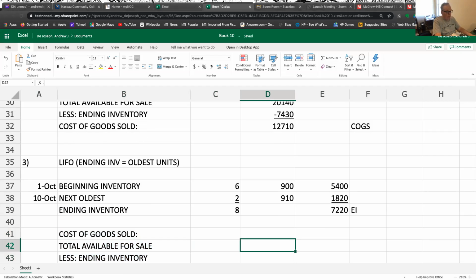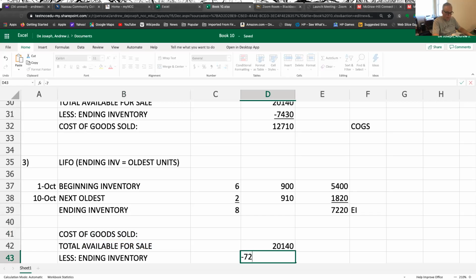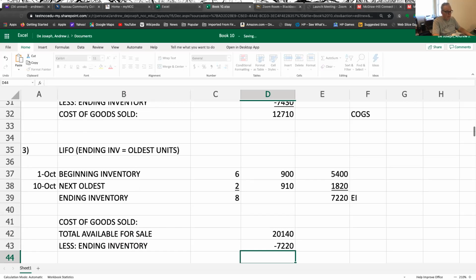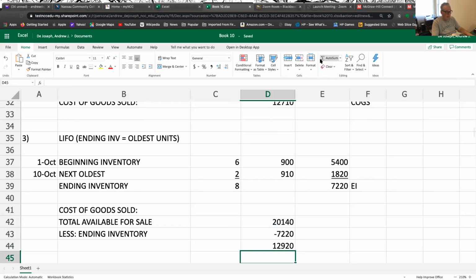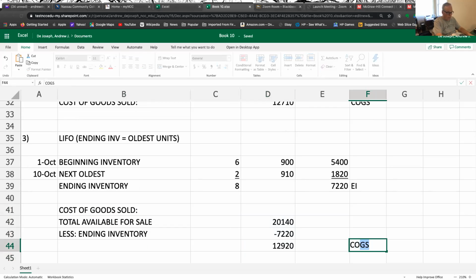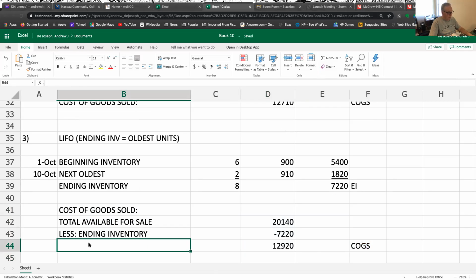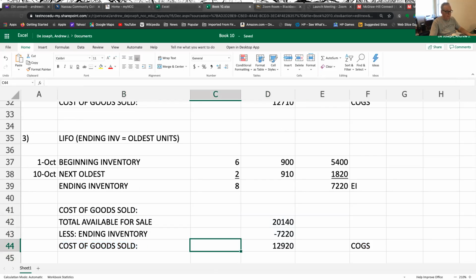The total available for sale again is 20,140. In this case, the ending inventory is 7220. What does that come out to? 12,920. That's your cost of goods sold, right? Cost of goods sold.